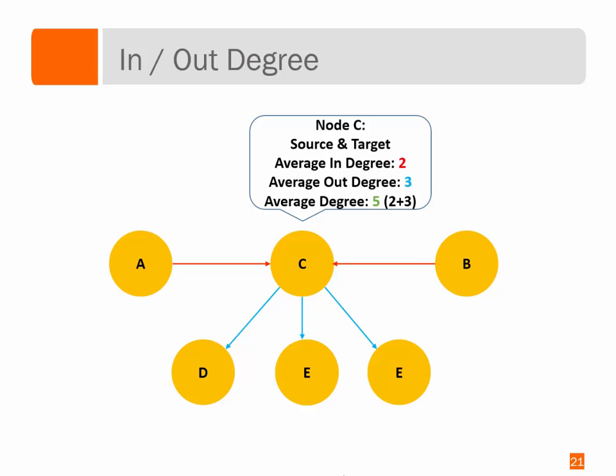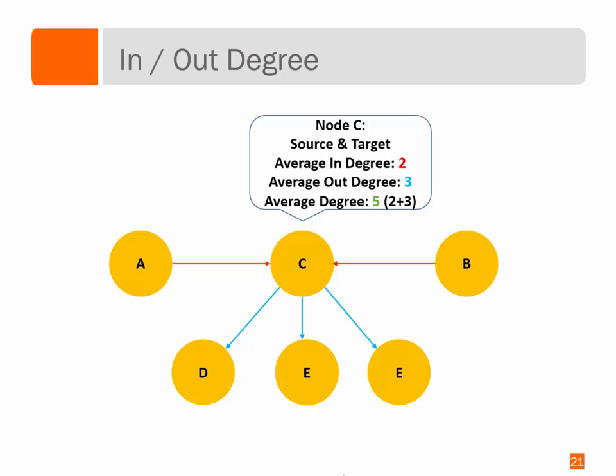So the first one, average in degree, related to the C node, is going to be a measurement of 2, because we see there is a relationship flowing in from the A node and a relationship flowing in from the B node. So there are 2 in relationships, and that's how we express the average in degree for C.